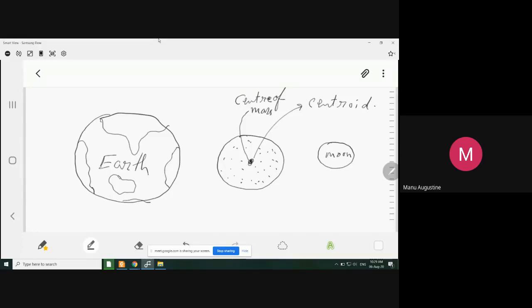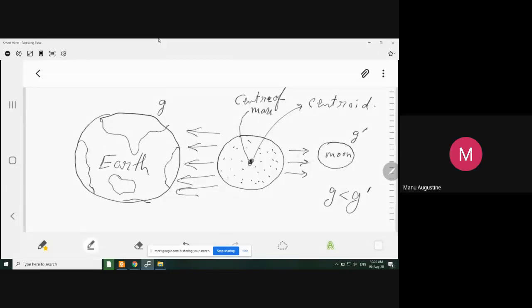But now look at the effect of gravity. अर्थ की साइज ज्यादा होने के कारण इसका जो एक्सेलरेशन ड्यू टू ग्रेविटी है ये ज्यादा है. मून का साइज छोटा होने के कारण इसका एक्सेलरेशन ड्यू टू ग्रेविटी g dash is smaller than your g, and therefore the gravitational pull of the Earth will be larger as compared to the attractive pull of the Moon.